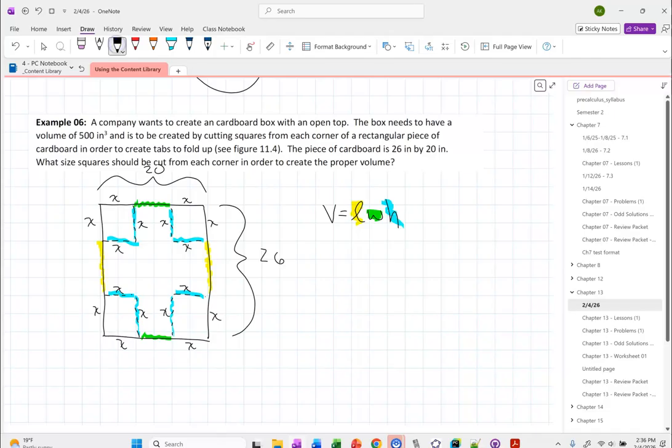So I can rewrite the height as an x. That should be easy to do, right? We see that the blue is just an x. So I'm going to rewrite this volume as a function of x. So how can I rewrite this length as an expression in x?